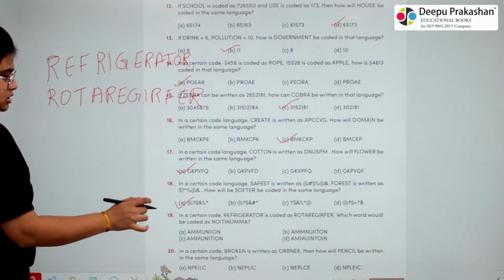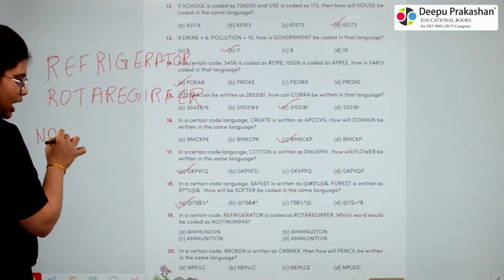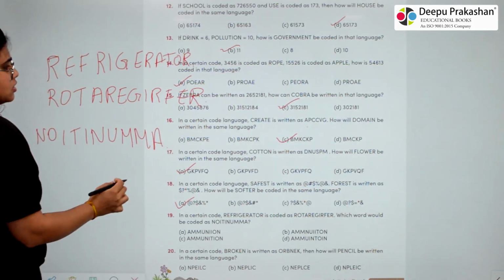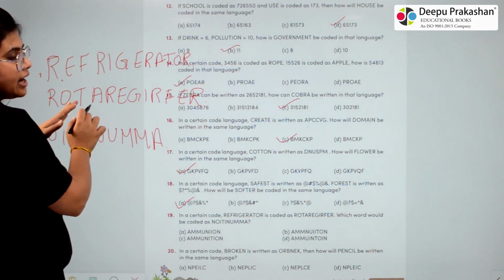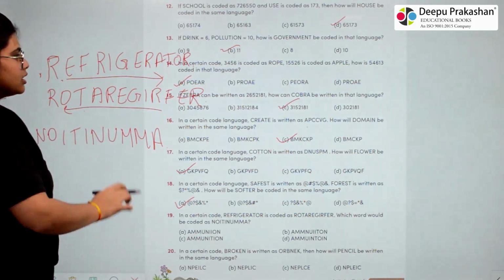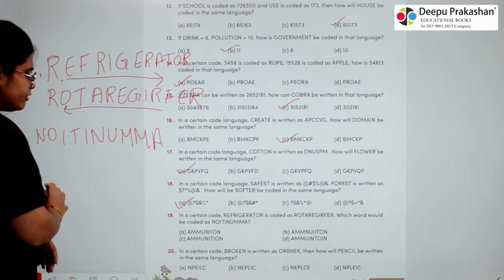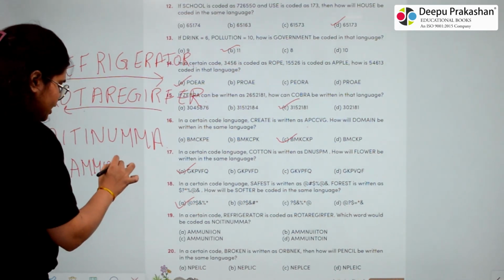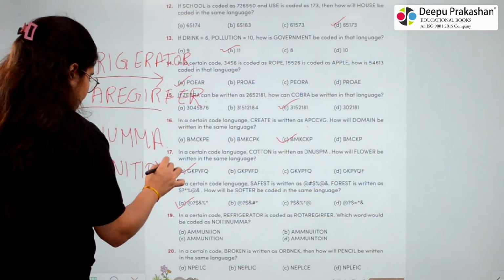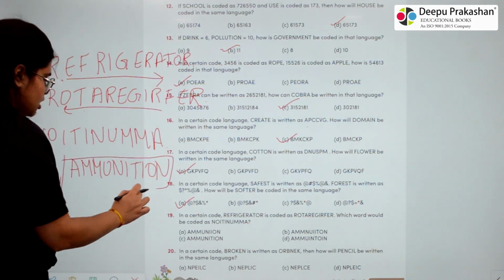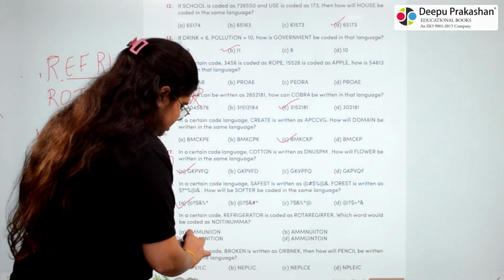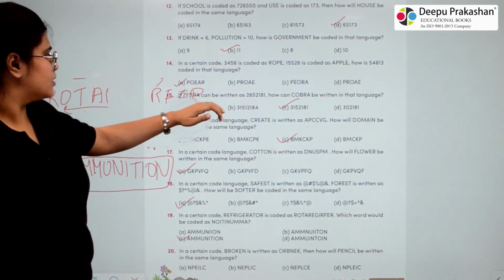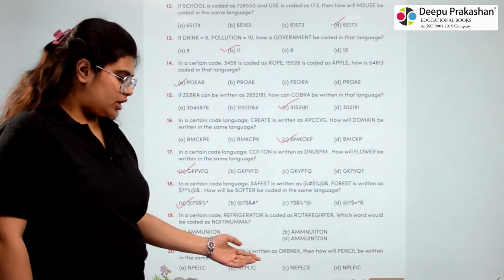Okay, now we are asked for the word NOITINUMMA. So if we look at the word refrigerator and the coded word, they are just in reverse order. So if we reverse this it will become AMMUNITION. That is ammunition, and the answer will be AMMUNITION.